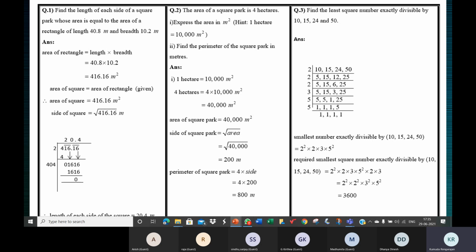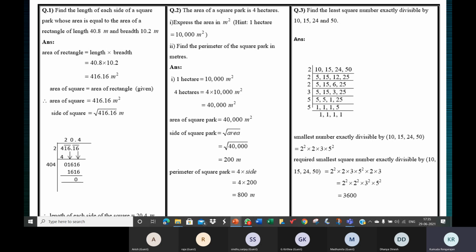So the shape is immaterial. If the area of any plane surface is 10,000 meters square, then it's equal to 1 hectare.